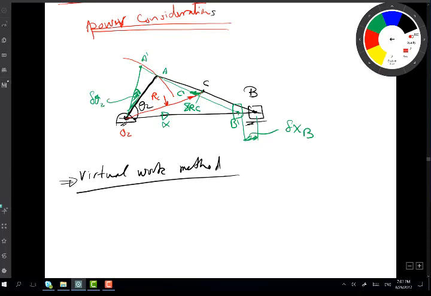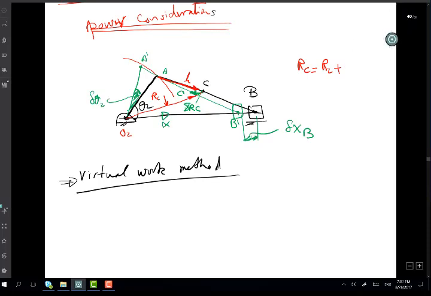If this little distance is equal to H, then RC is equal to R2, which we spoke about before, plus H e^(j theta 3), or I can write R2 plus RC relative to A that we discussed before, and this term is RC.